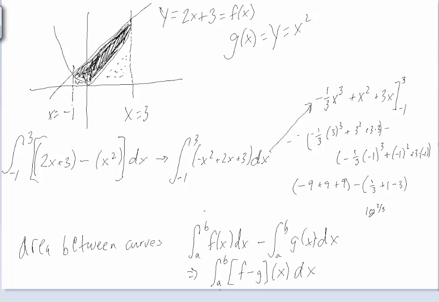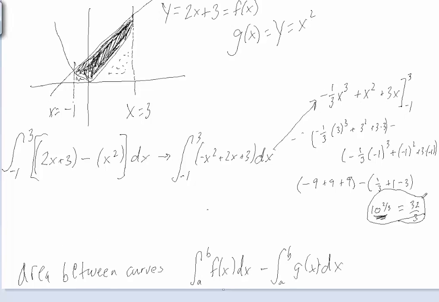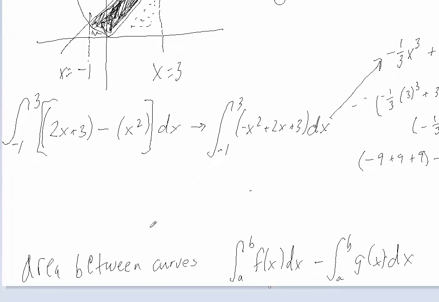That's 10 2/3, or 32/3, is our area. So here's what we get doing it this way. Just to check ourselves, let's do it this way.